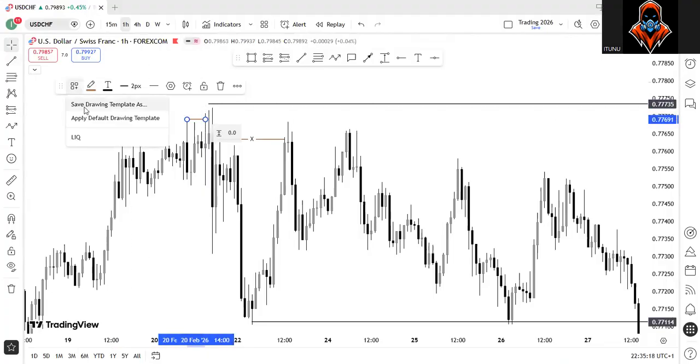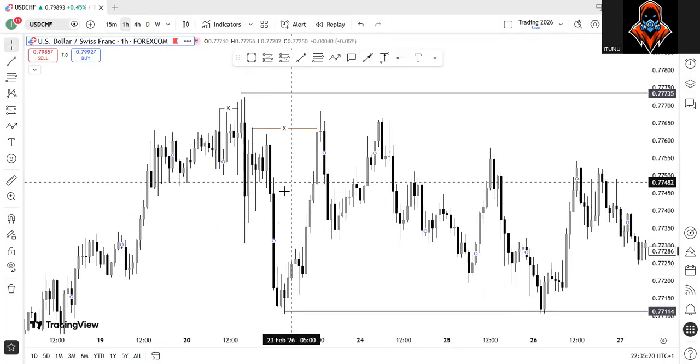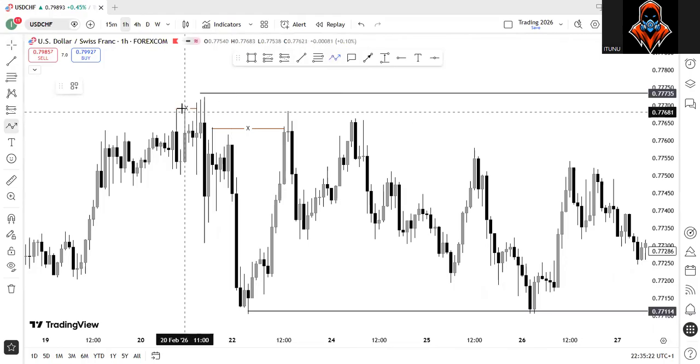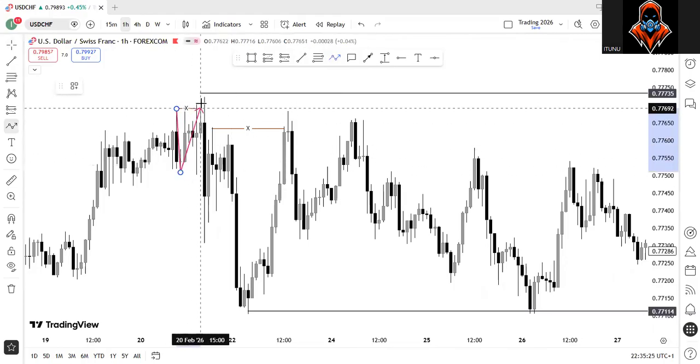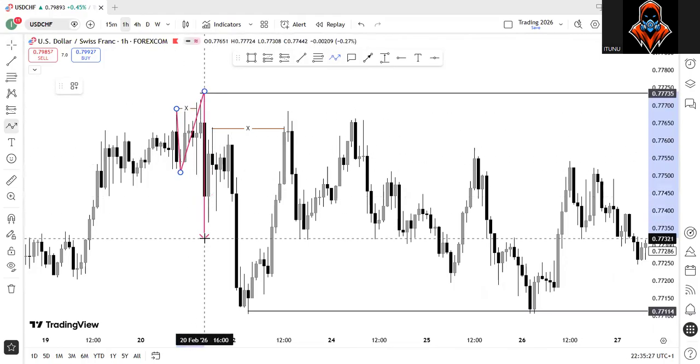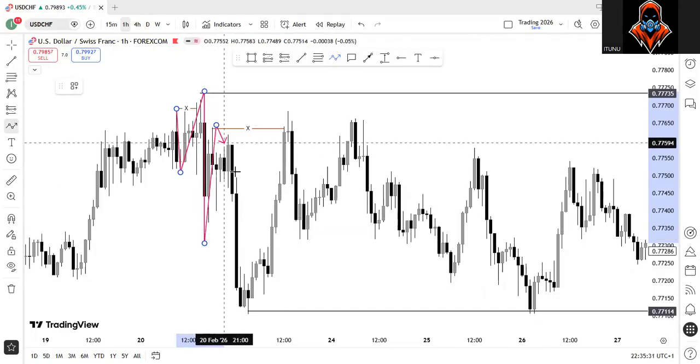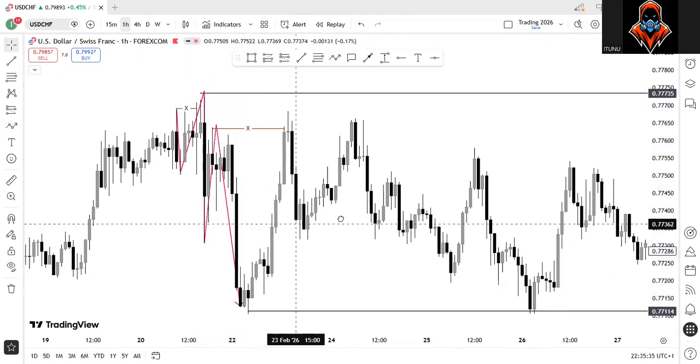Okay, we see our sweep over here. We see our liquidity brought out from here to here, comes down. After coming down, it comes back up, takes out this low.